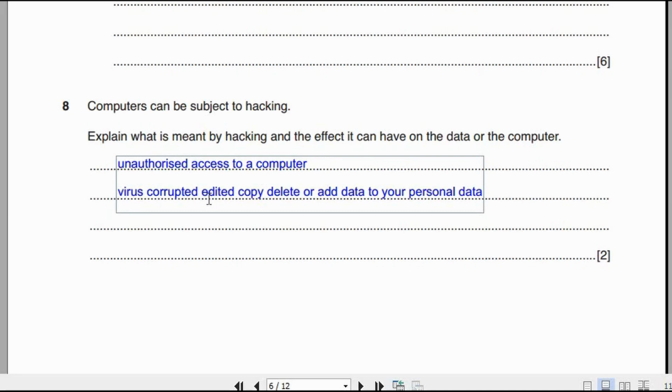This can be one of the reasons, or he can create multiple copies of your personal data and use it for some personal purposes. Also he will get that unauthorized access. So these can be some of the points.